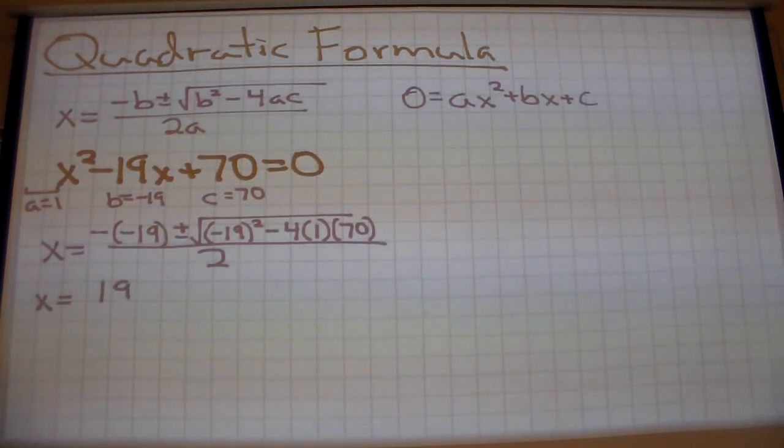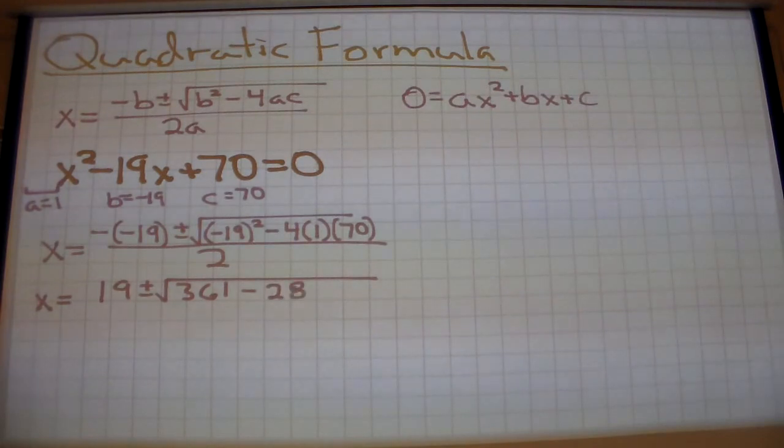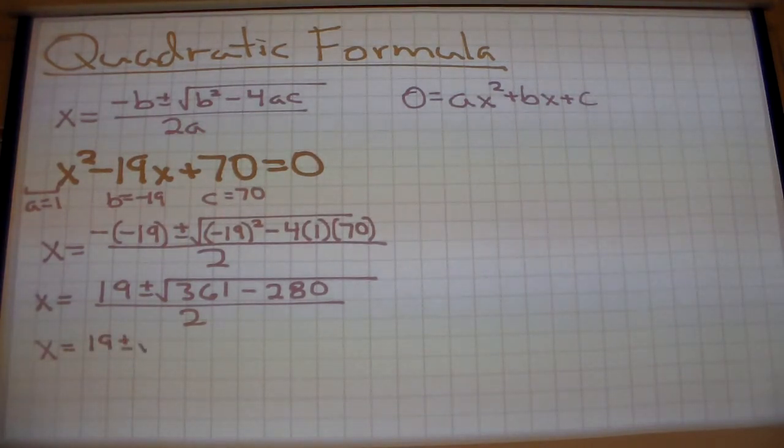I got 19 plus or minus the square root of 19 squared, which is 361, minus what? 4 times 70? 280. Over 2. What's 361 minus 280? 81.